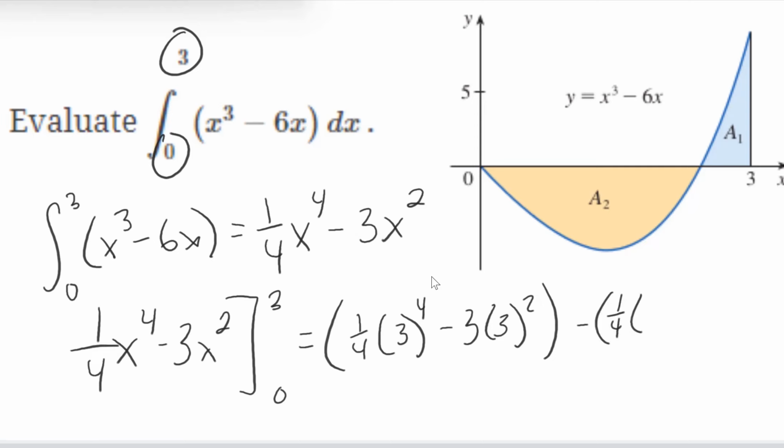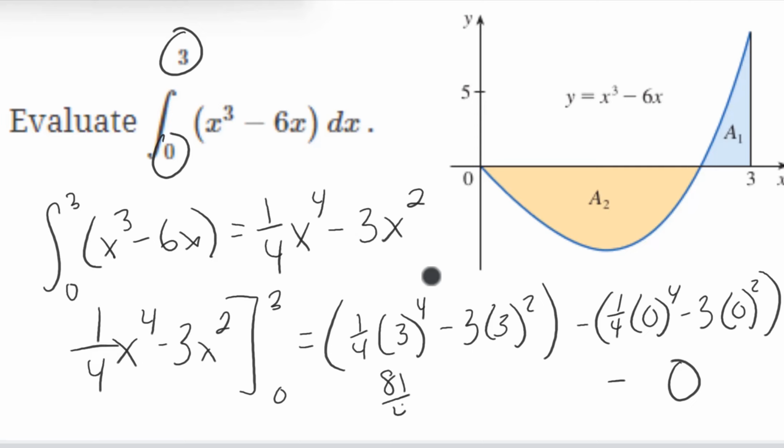So same thing. This part is just 0, so we don't have to worry about that. So it's 3 to the 4th, which is 81.